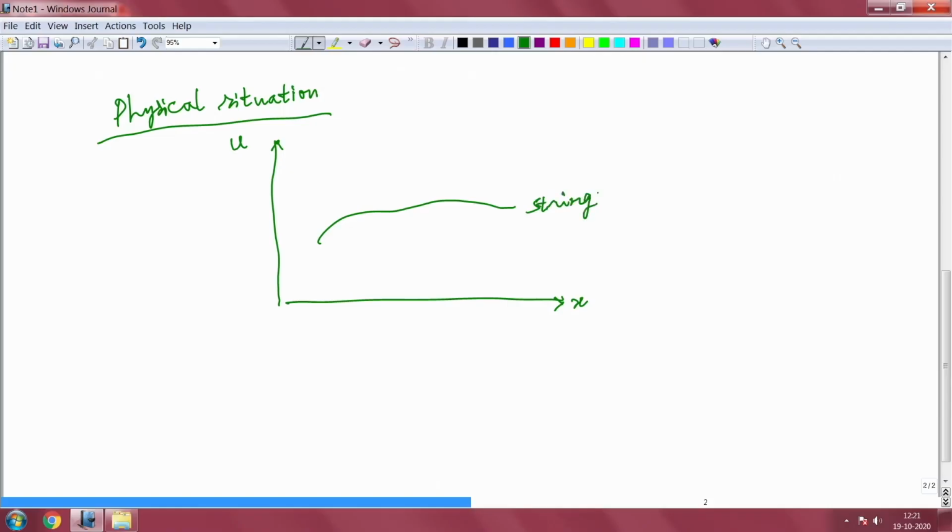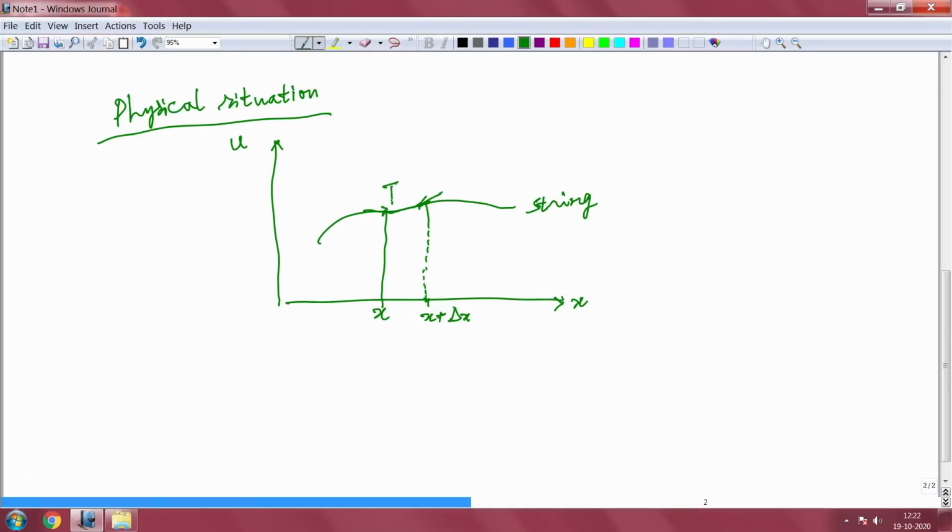I am not going to give the details, but just say how it is derived. You take two close by points on the x axis, x and x plus delta x, and you calculate the force acting at these 2 points. They act along the tangent to the string.